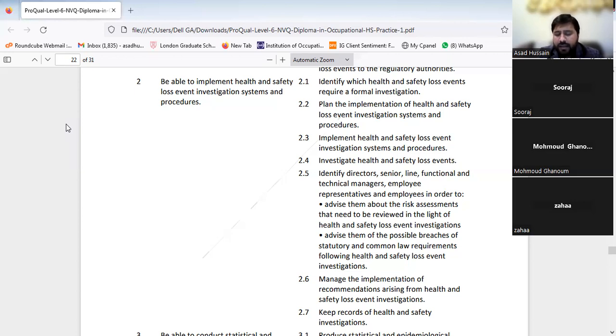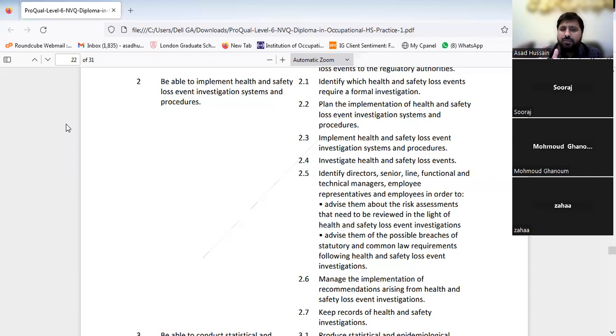So here it is basically asking how, in your organization, after performing the investigation, the outcomes are shared with all the stakeholders or interested parties present in your organization.